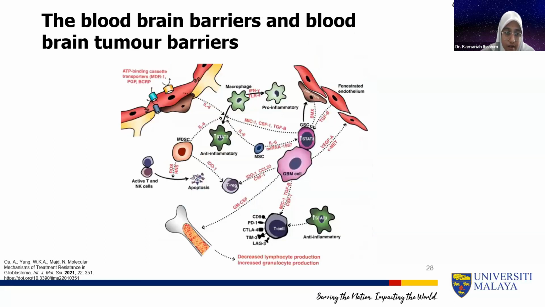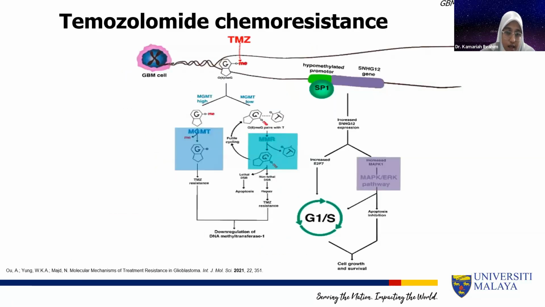The blood-brain barrier and blood-brain tumor barrier also interact with many immune cells, and there are anti-inflammatory and pro-inflammatory reactions occurring within this unique structure.